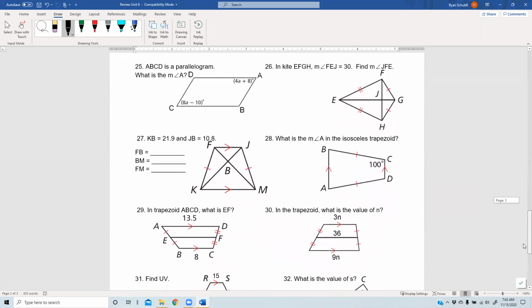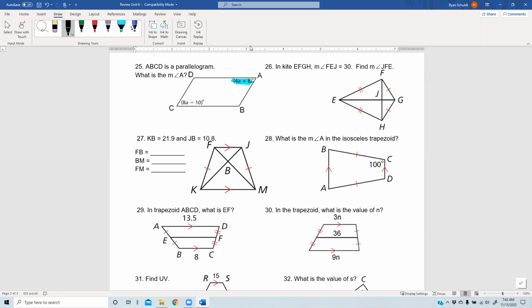Okay, next page. Okay, 25, they tell us we have a parallelogram and they ask us to find the measure of angle A. So I need the measure of angle A right here, but I got an A in there, so I got to find the A. Well, what do I know about A and C?